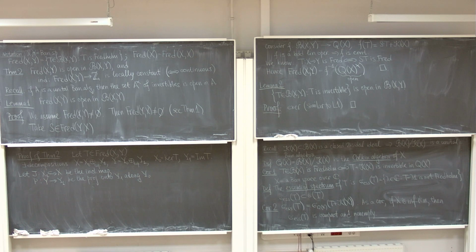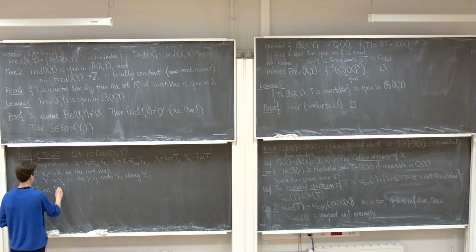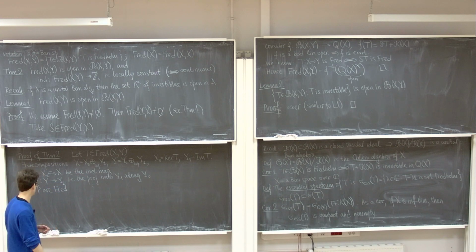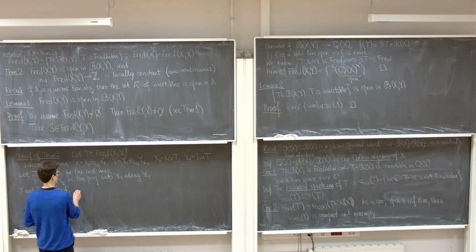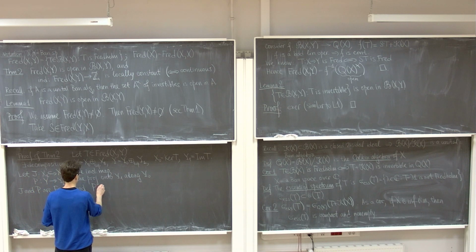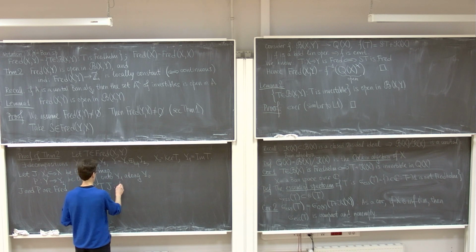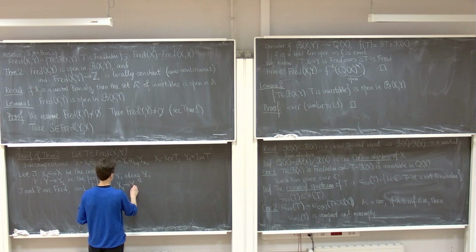So what can we say about these two operators? Clearly they are Fredholm, J and P are Fredholm, because X0 and Y0 are finite dimensional. And PTJ, this is a map from X1 to Y1, is invertible.